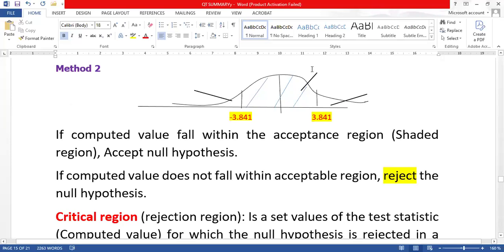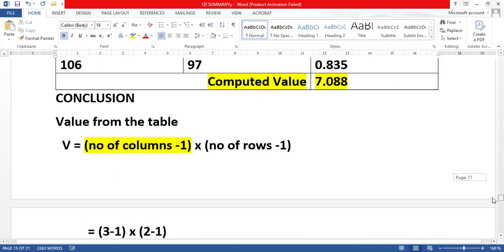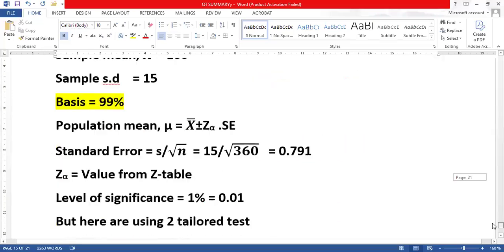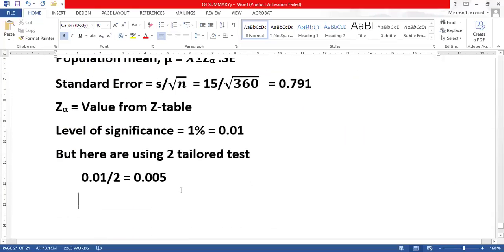After dividing by 2, you are concentrating on one side, either this side or this side. Because you're concentrating on one side, you want to know the exact basis. To get the value from the table, I take that 0.5 and subtract 0.005. What do I get?